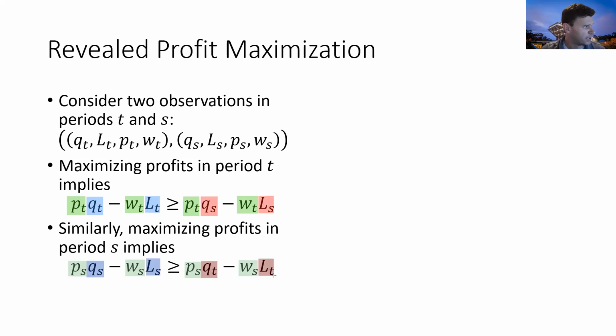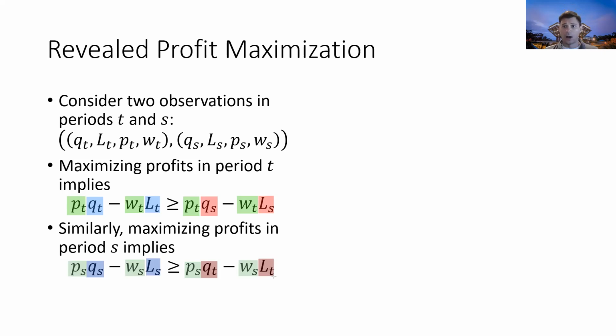If I use QT and LT from the other period, that would not be profit maximizing when the prices have changed to the period S prices. So we have two conditions here that are consistent with us profit maximizing in both periods.